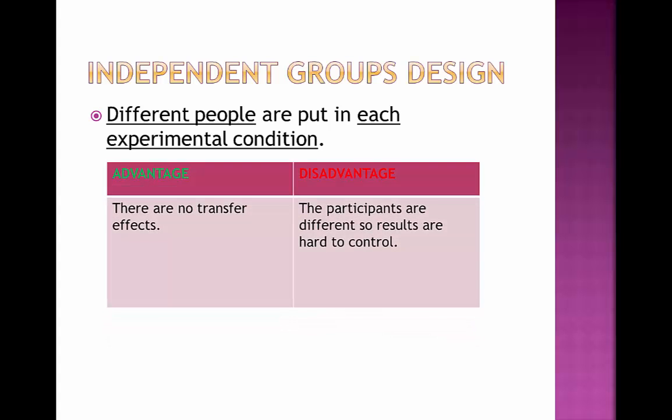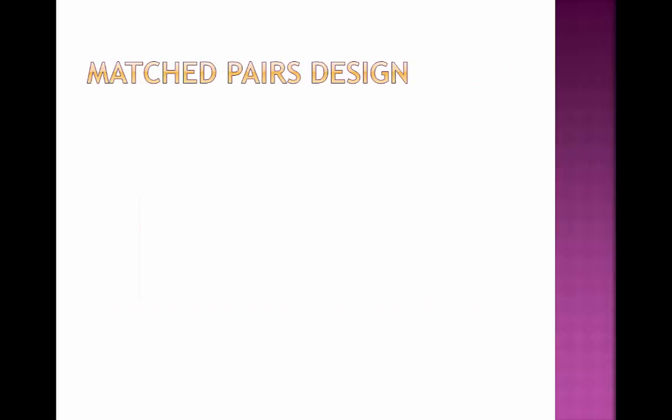The advantage of this is that there are no transfer effects, since the same person isn't sitting it twice. However, the disadvantage is that the people are going to be different, so a number of characteristics are going to influence how you can compare both sets of results, since the people are going to have different characteristics.